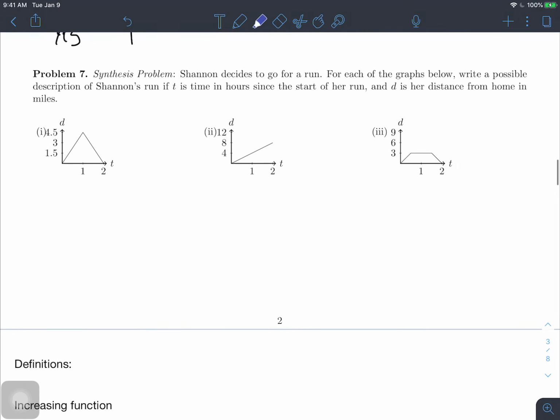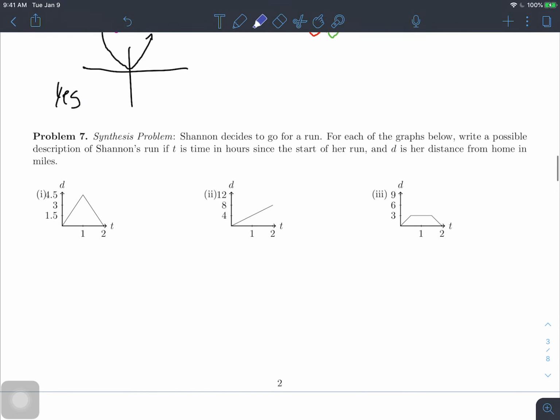Problem number 7. Shannon decides to go for a run. For each of the graphs below, write a possible description of Shannon's run. If t is time in hours since the start of her run, and d is her distance from home in miles. So I'm going to do the first 2 for us, and then we'll all try number 3, okay?